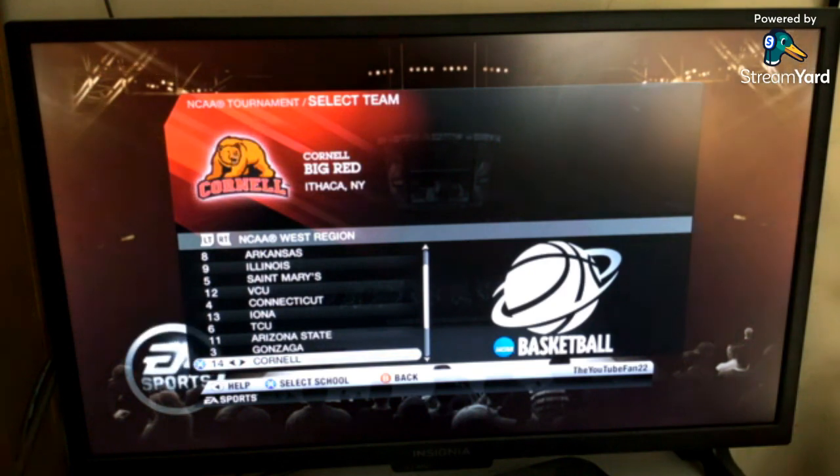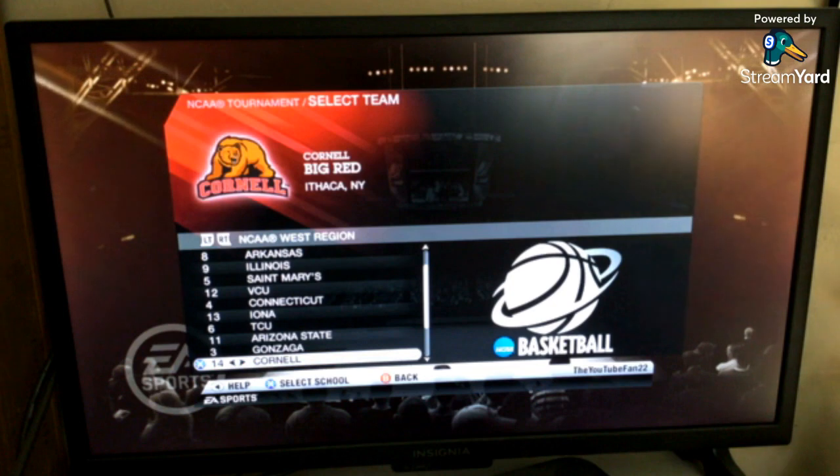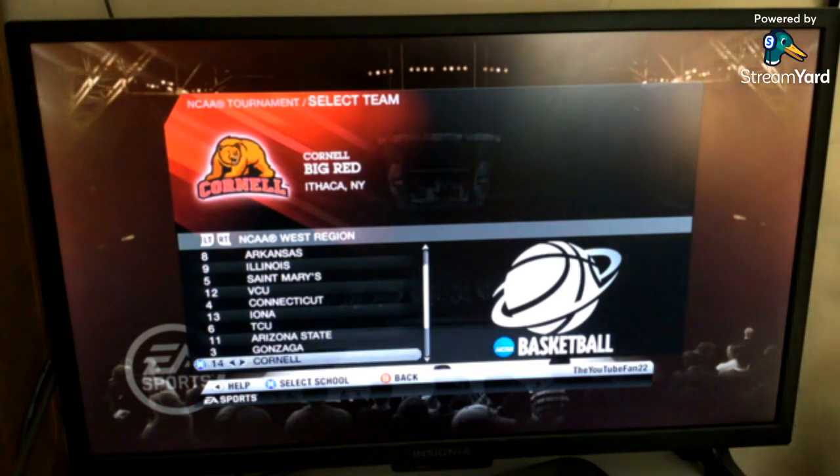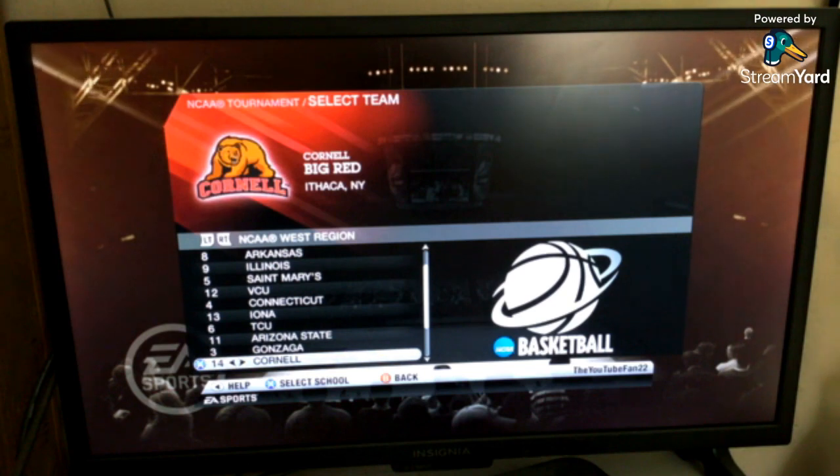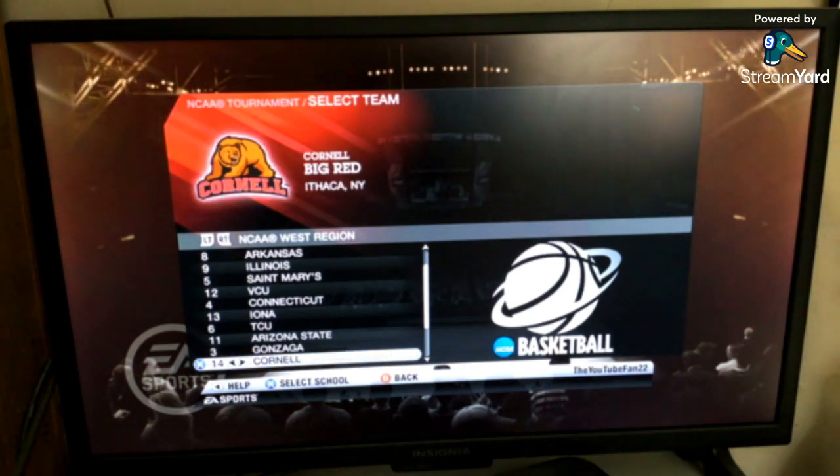And here's the question that remains to be seen, because we have a little hold up here. The next team in the tournament from last year in real life was Grand Canyon University. Grand Canyon is not in the game. I know for a fact that it is not.